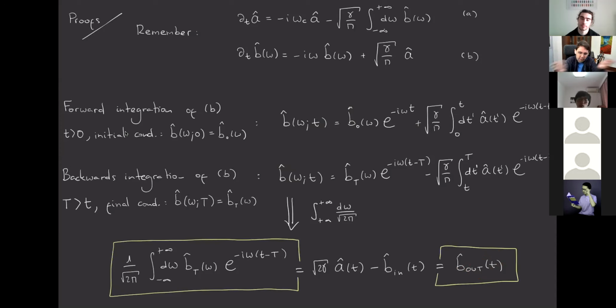So it's not so important in the sense that we are never going to use this expression to evaluate actual physical phenomena. However, it's very important that now we have an expression of the output operator in terms of operators of the external field at some given time.